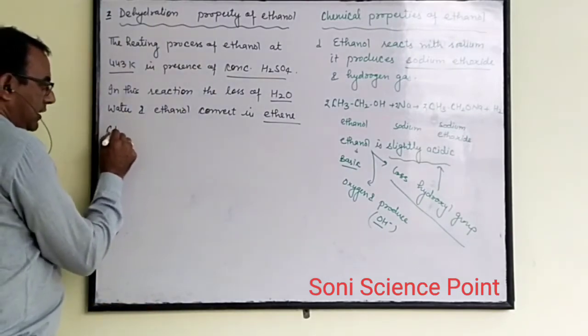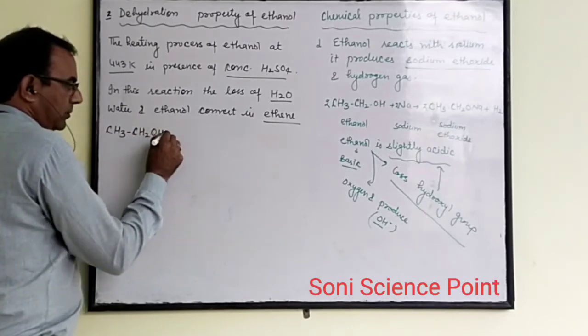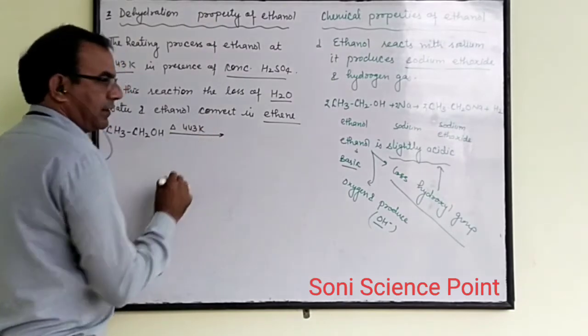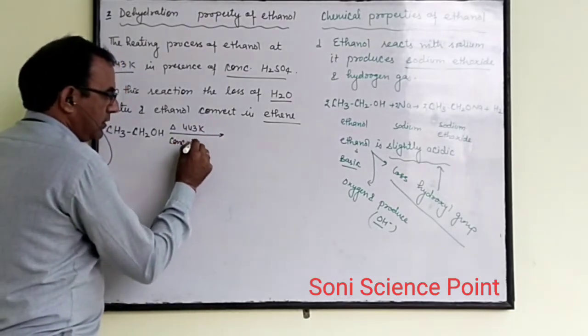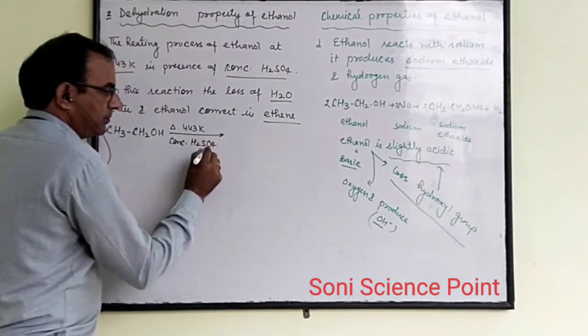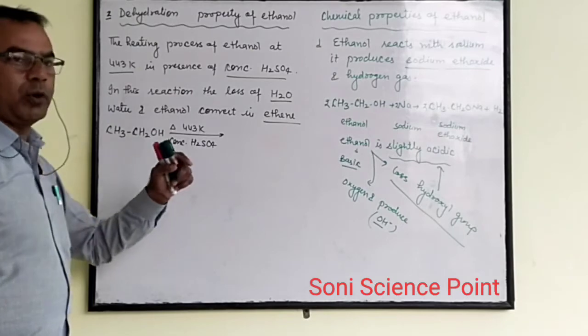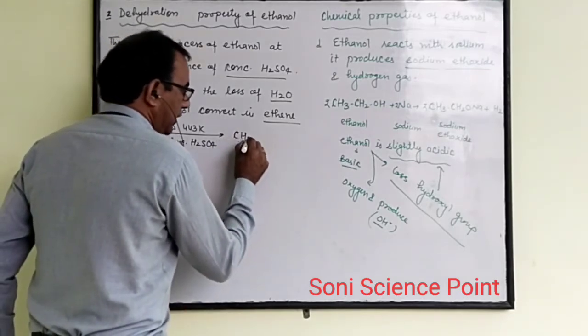Ethanol, CH3CH2OH, is heated at 443 Kelvin in the presence of concentrated sulfuric acid. Due to the sulfuric acid, ethanol loses a water molecule and changes into ethene.